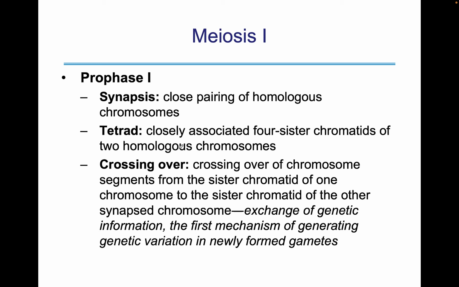Another way of saying that is the physical exchange of genetic information. It is crossing over that helps generate genetic variation, and it is essential for the proper alignment and separation of the homologous chromosomes. Each location where the 2 chromosomes cross is what we call the chiasma.